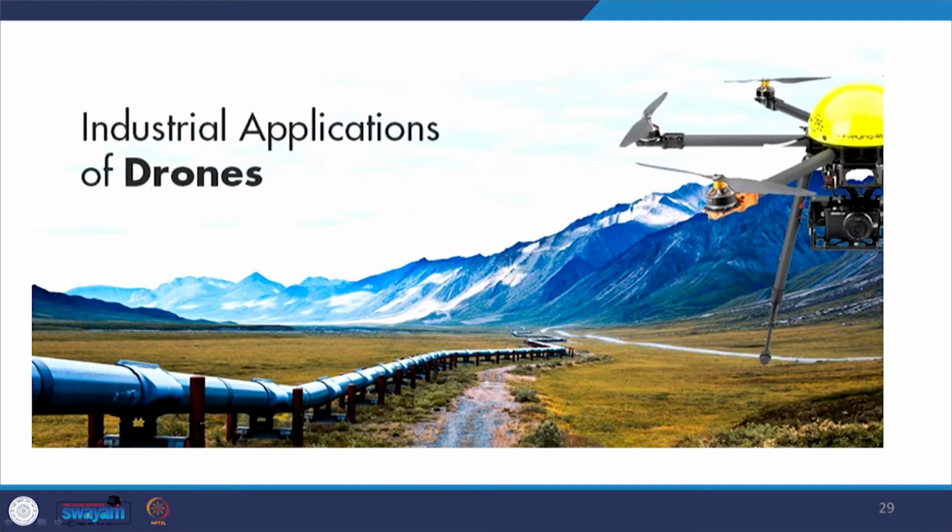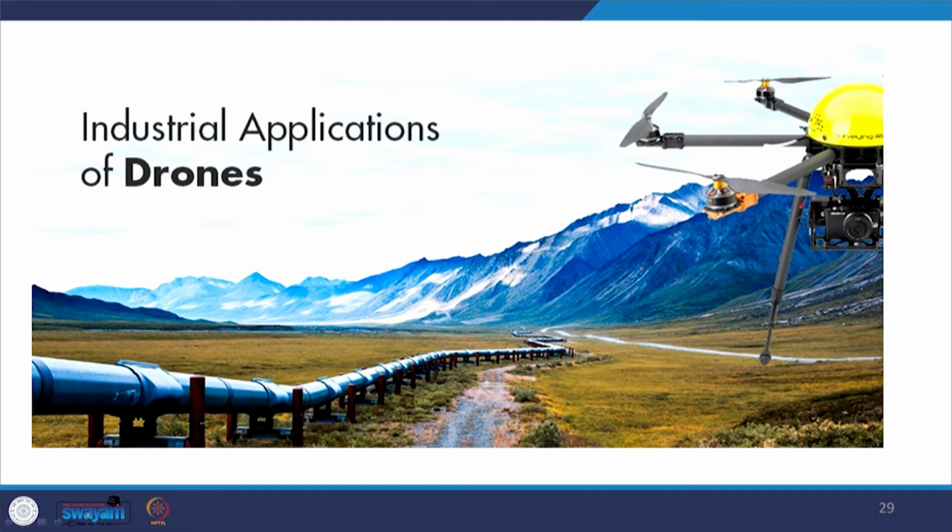In several industries, it has a lot of application, and this is showing the pipeline. For example, there is a pipeline which is running several kilometers from one place to another, and if a defect has occurred in the pipeline, it is not possible to manually inspect this pipeline every day and identify the sites.